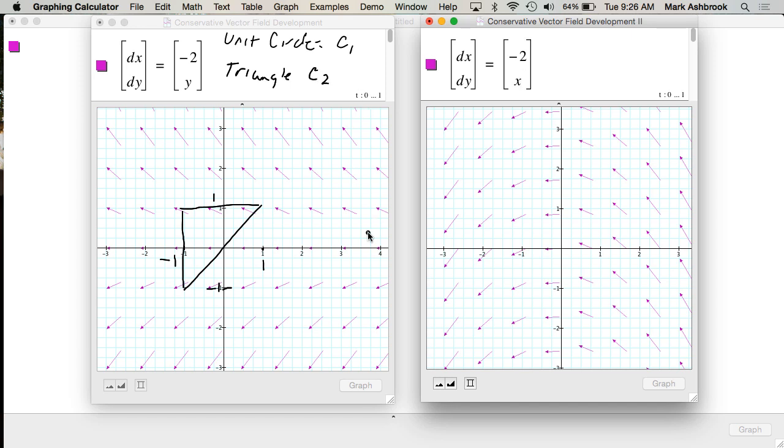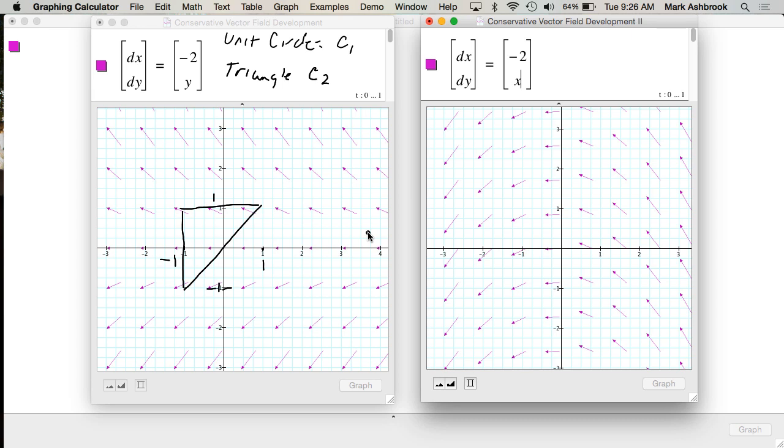So the unit circle, you just have one vector function. The triangle, C2, will be made up of 3 vector functions.